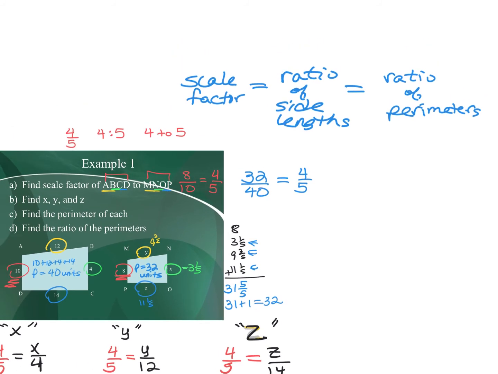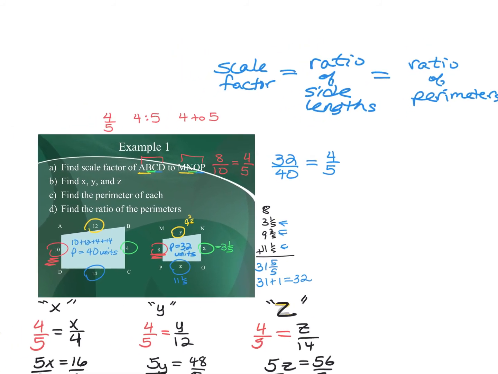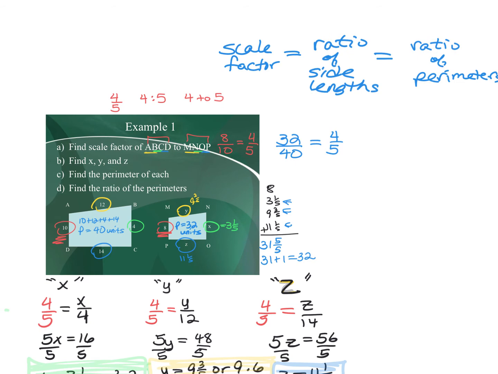So after you calculate the length of all the sides, and let's say you wanted to double check that you did calculate things correctly, if once you put those two perimeters into a ratio, it doesn't simplify to the same ratio you found for the scale factor, then you've done something wrong. Everybody good there? All right.